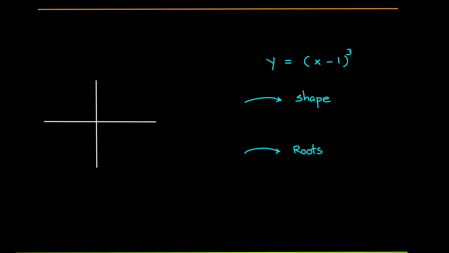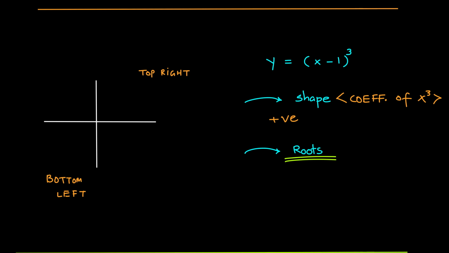When we talk about the shape, that depends on the coefficient of x cubed, which we can see is positive. That means the graph will start from the top right and go till the bottom left. The second factor to be considered is the roots of the equation, that means the x-intercepts.